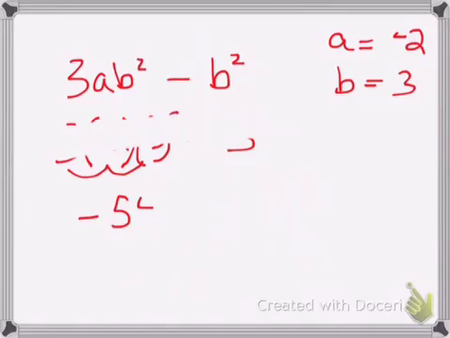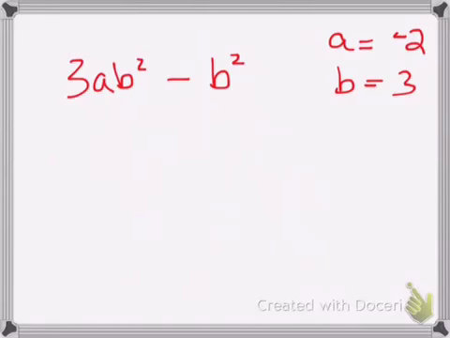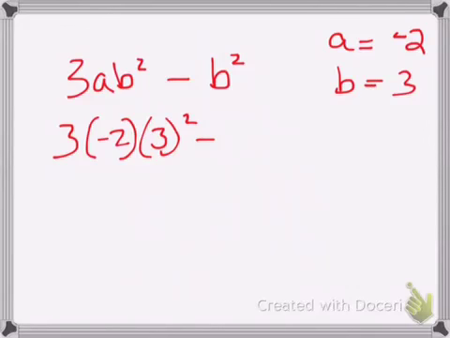Liam, what you got? If it was negative 3 to the second power, then wouldn't you be multiplying negative 3 times negative 3, which should be positive? Are you asking if we should have done negative 3 times negative 3? This is the question I've been trying to get to. Let's see, if we did 3 times negative 2 times 3 squared minus 3 squared, I'm putting the 3 in the place of b.